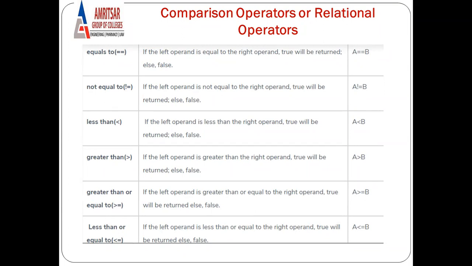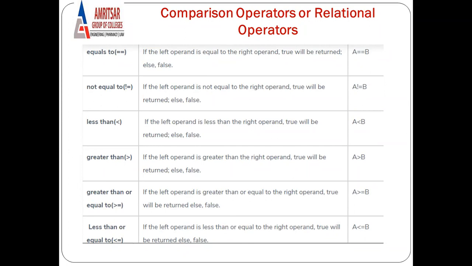And if both are the same, then it will return false. Less than, for example, here A must be smaller than B, then it will return true, otherwise it returns false. And in greater than, the value of A must be higher than B. It will return true, otherwise it will return false.